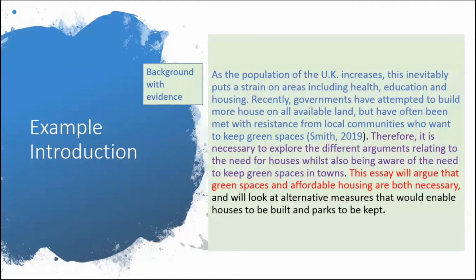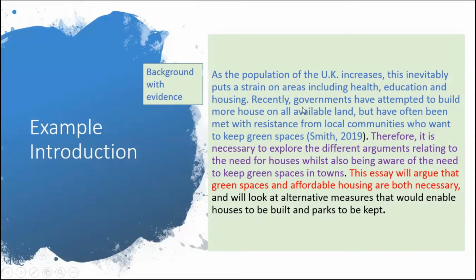So we start with background with some evidence. How much evidence depends on yourself. You don't need to overload it with sources. But some people might think, oh, I didn't know I needed to use sources in an introduction. Well, if you've got ideas from other people, of course you need to use them. So this begins by talking about a very general area. It talks about how population increases can put strain on services.